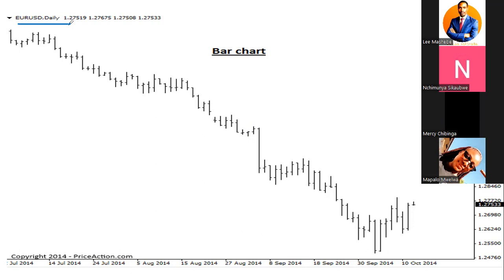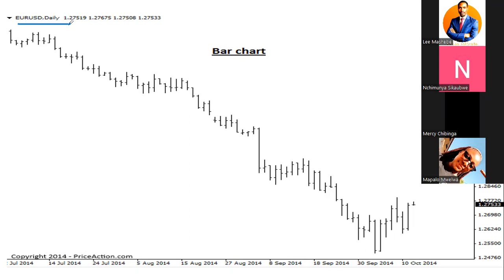So we have talked about a line chart and how it looks like. The advantage of using a line chart is that it gives you the overall picture. If you want to understand the trend of a market, the line chart is good, especially for those who are into binary trading. Then we have also talked about a bar chart.